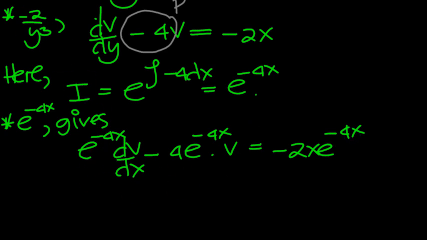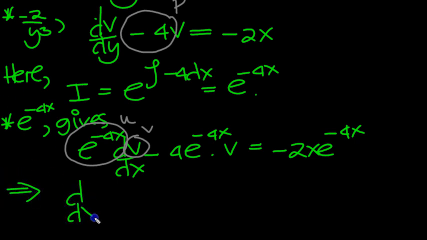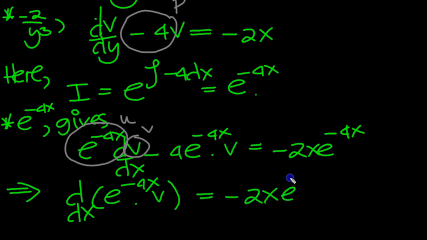There we go. Now circle the u and the v, because that's the method that we use, isn't it? An integrating factor method. This is the u component, this is v, and the derivative of the product. So we can now just write down d/dx of u times v. e to the minus 4x times v is equal to minus 2x e to the minus 4x.